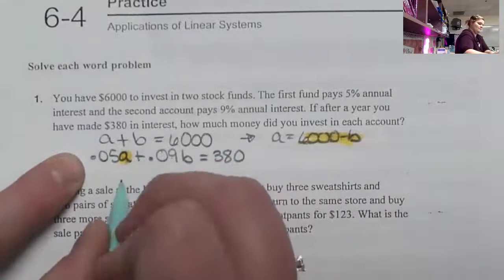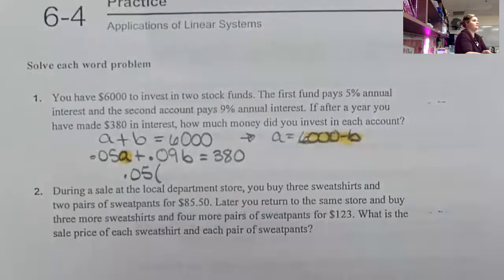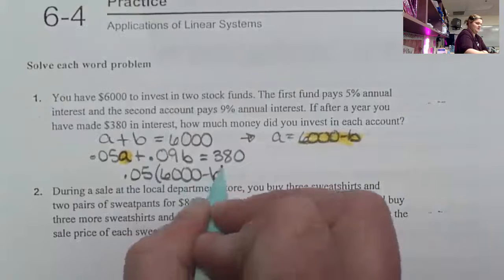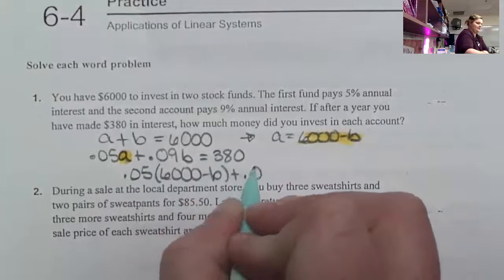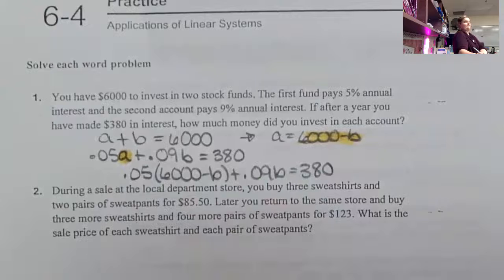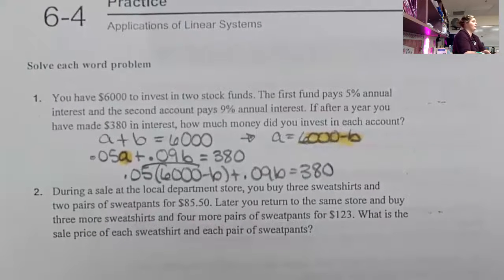Okay. 0.05 parenthesis, instead of A, I'm going to substitute it in. 6,000 minus B plus that 0.09 B equals that 380. Distribute that 0.05 to both. If you don't have a calculator, you're going to need one.